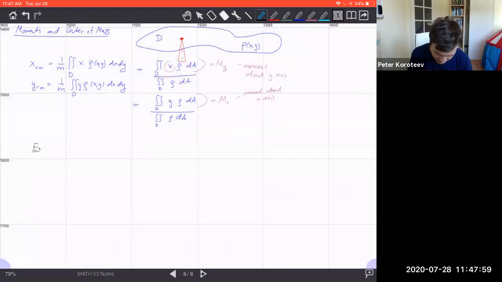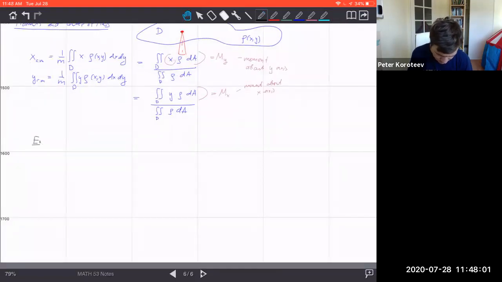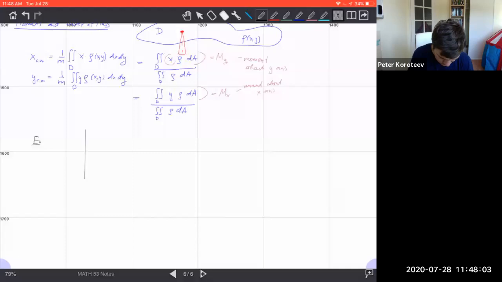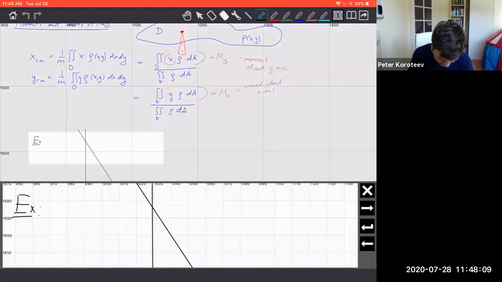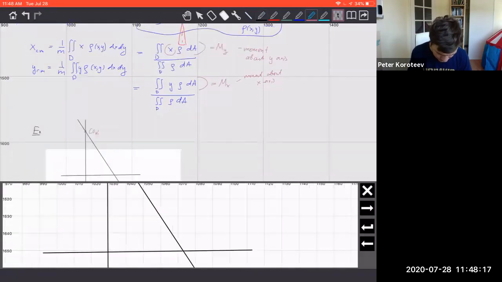Take a triangle here. So there's a triangle with coordinates: this is point 0, 2, then 1, 0, and 0, 0.